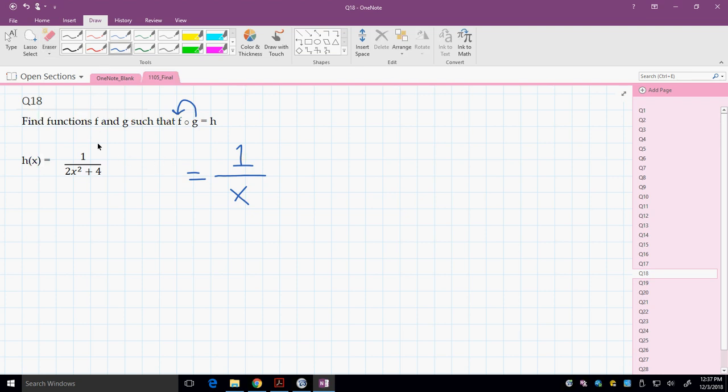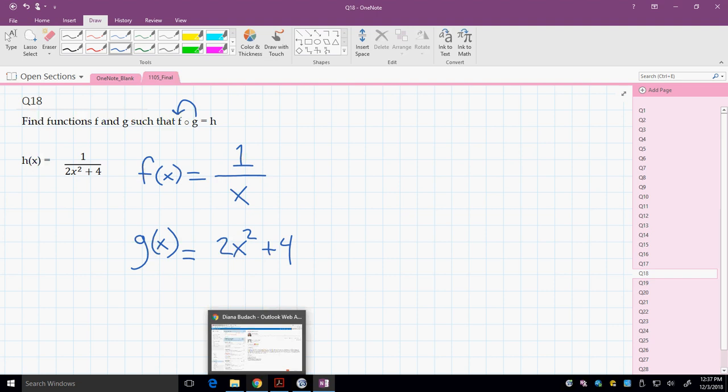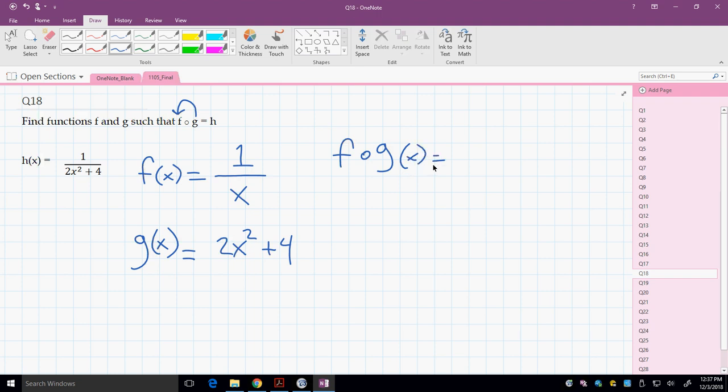That's my x, f of x. And for g, if I put g into f, most likely g was 2x squared plus 4. And you think about it, they give you f and g, and they're asking you to put g into f, you will have done something like this.